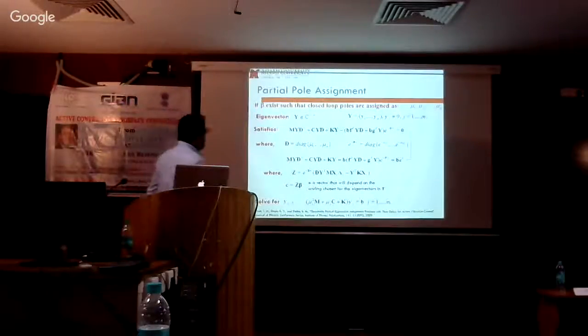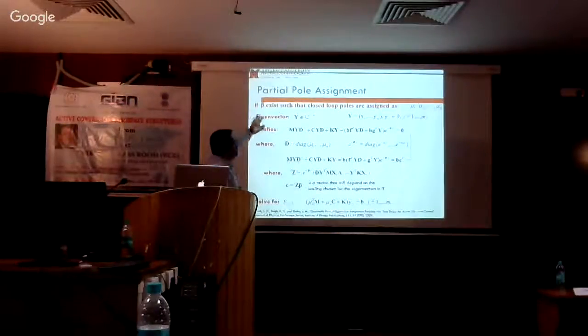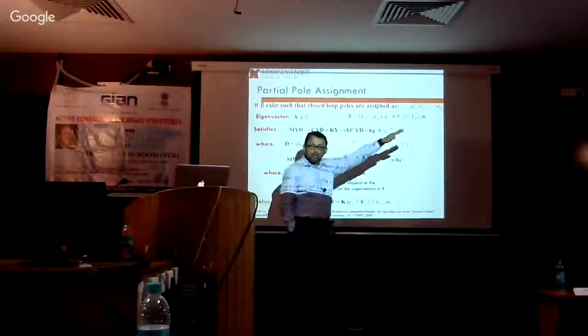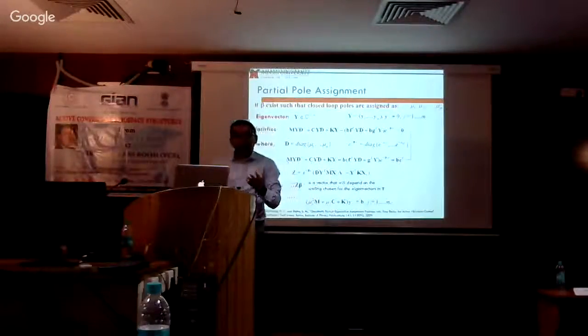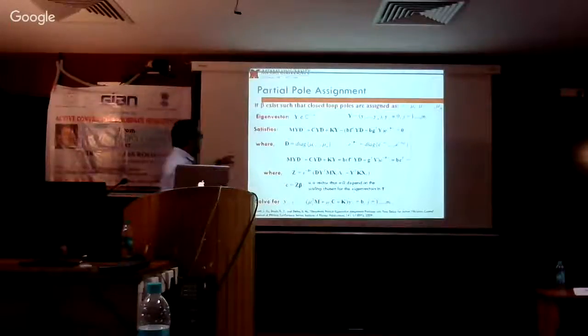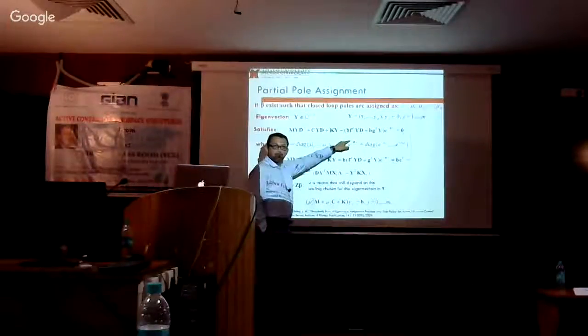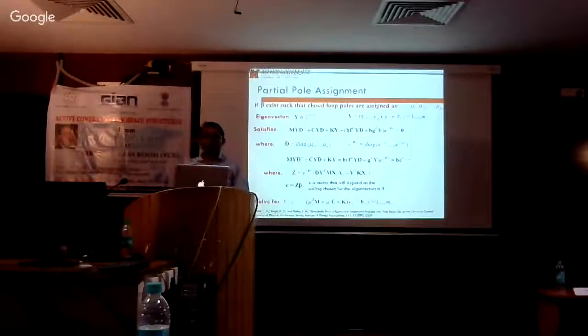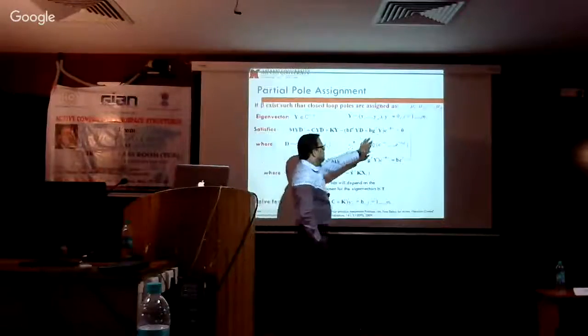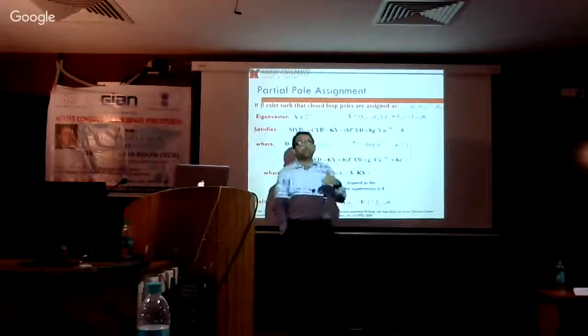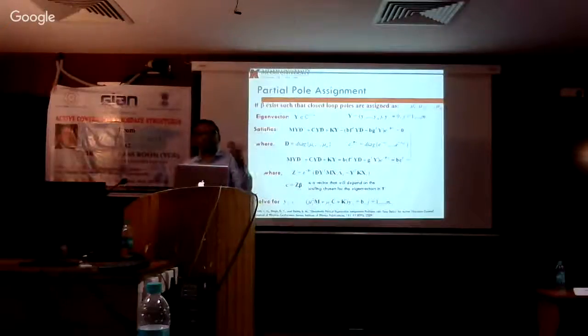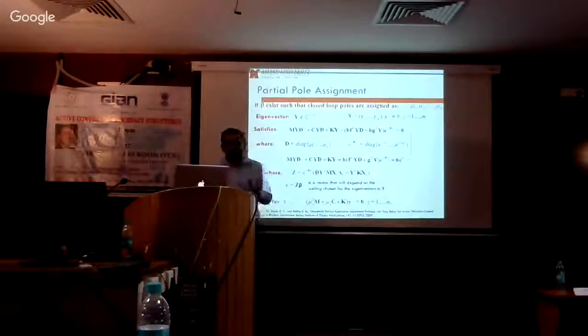The idea is that if there is a beta such that you are able to ensure no spillover, there will exist an eigenvector which will satisfy this equation. He has an expression where this term was not there, and he has shown the proof. We follow the proof, and we are sure that it will also be valid for time delay.